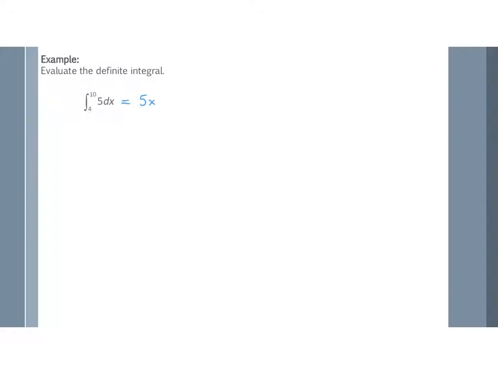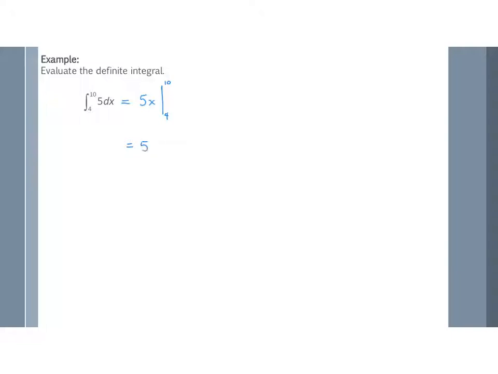And the notation we use to say we want to take this antiderivative and evaluate it at the upper and lower limits of integration is to use a vertical bar, and then our lower limit of integration and our upper limit of integration. And then we will simply take that antiderivative 5x and evaluate it at the upper limit of integration.